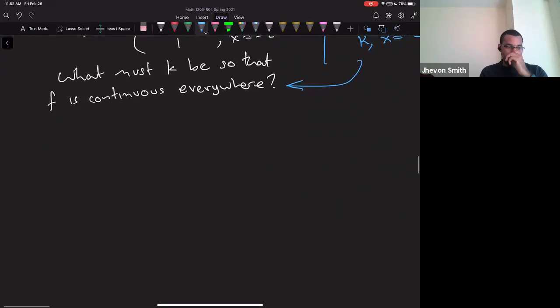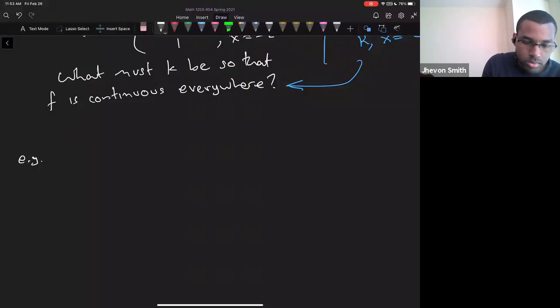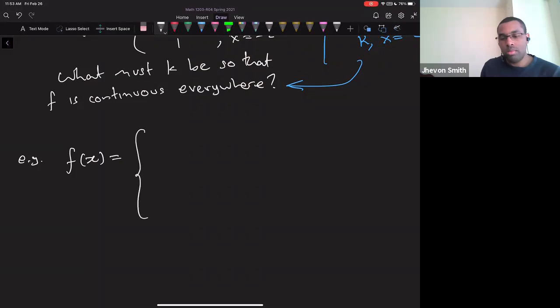Also problem types like maybe, let's see. f of x equals, let's see, a minus x, and then I can do something like x plus b.